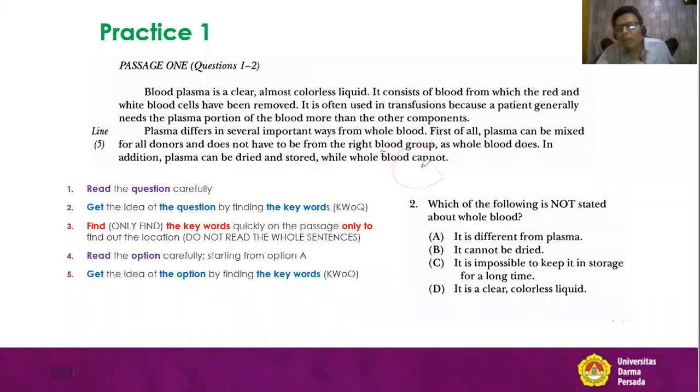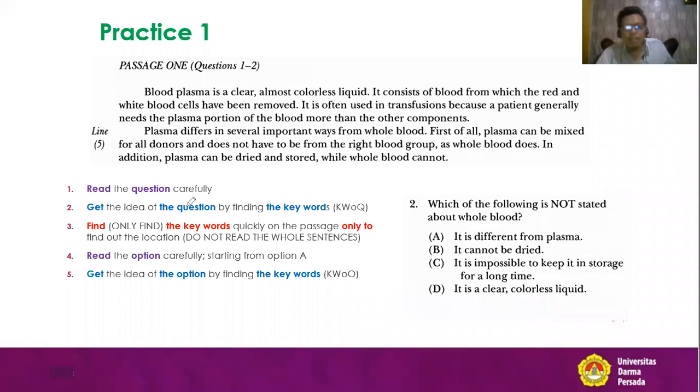So that means whole blood cannot be stored, and it is said impossible. So this one matches with this information. Because the question is not, you don't choose C. So you don't choose A, B, or C. So the answer is D.